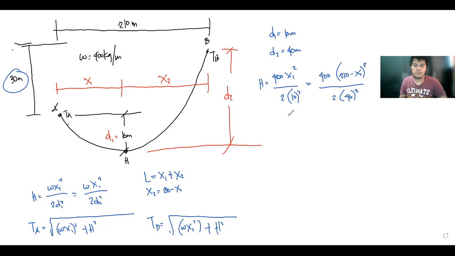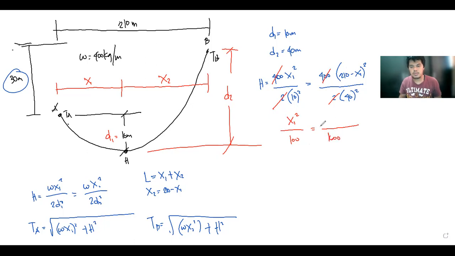So we can cancel out 400 and 2, leaving x1 square divided by 100. That is equivalent to the square of 210 minus x1 over 40 square, which is 1,600.